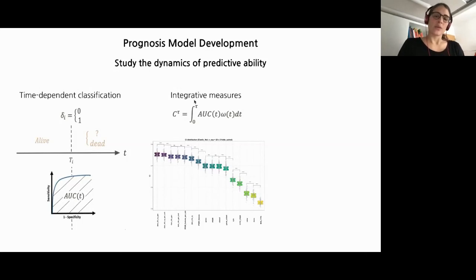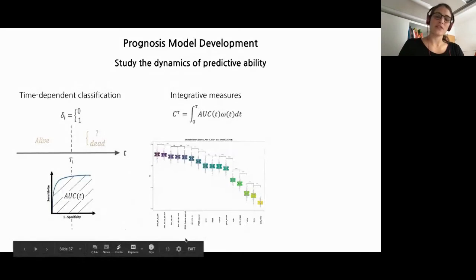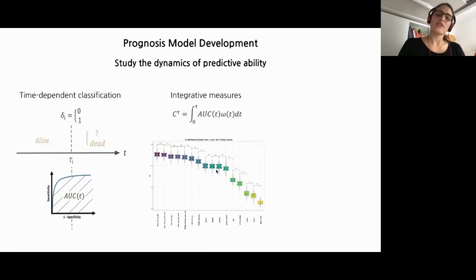We investigated the C-index across different types of models, only clinical features or only molecular features, towards more integrative models that combine features, and we see a very significant improvement in C-index.